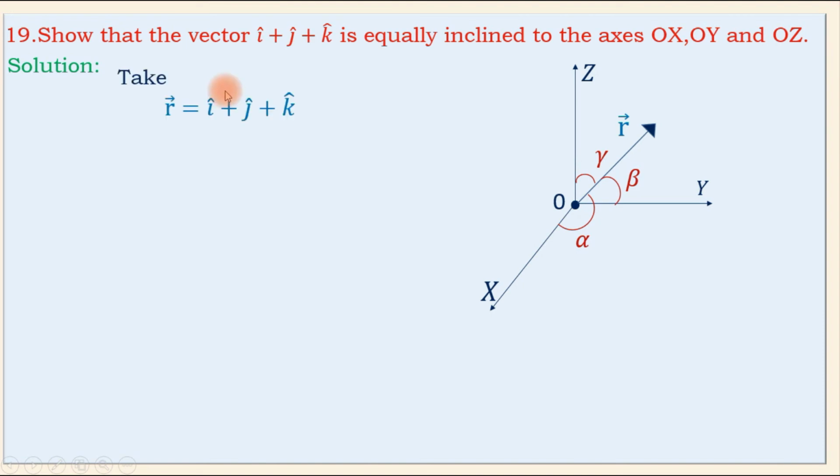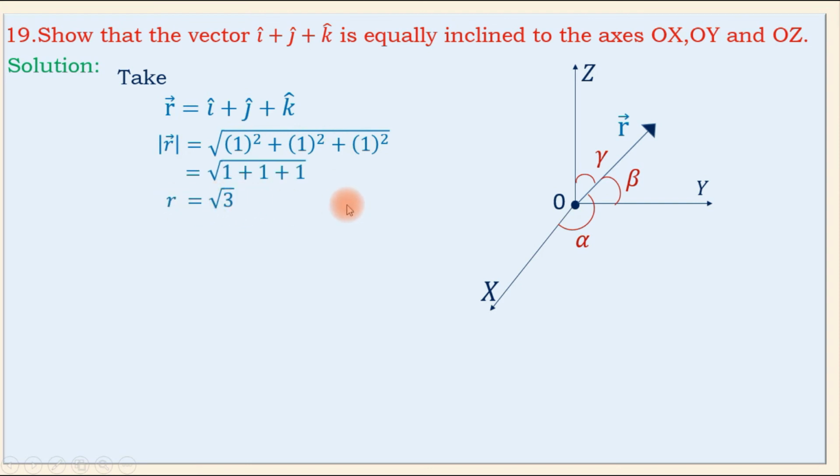So for that, take the given vector r vector equals i cap plus j cap plus k cap. Its magnitude is square root of 1 square plus 1 square plus 1 square, that is root 3. Now take direction cosines of the given vector, that is cos alpha equals 1 by root 3, cos beta equals 1 by root 3, cos gamma equals 1 by root 3.